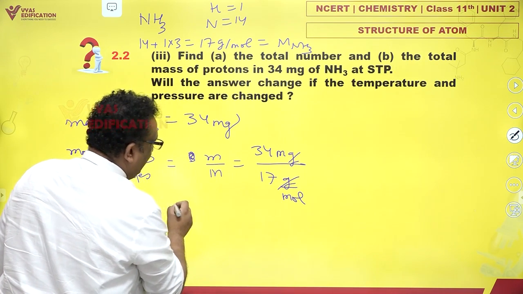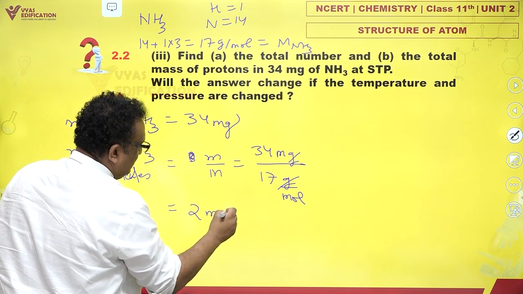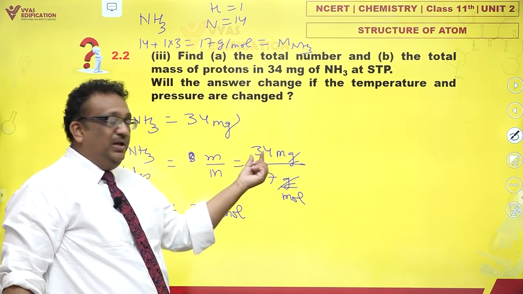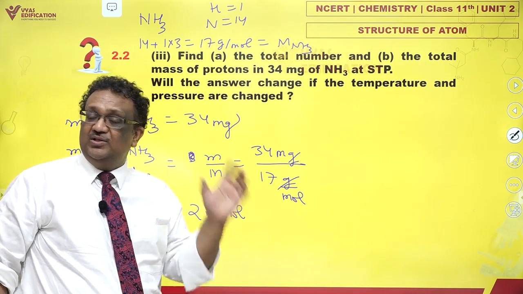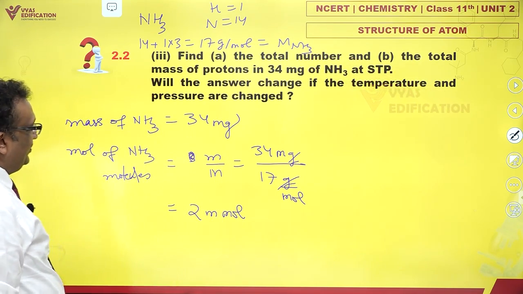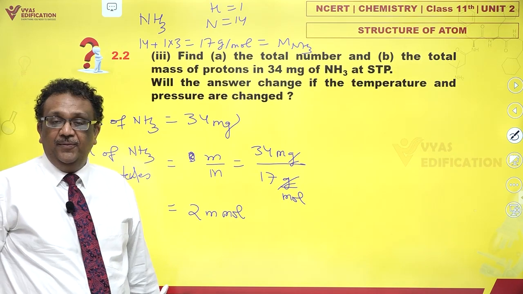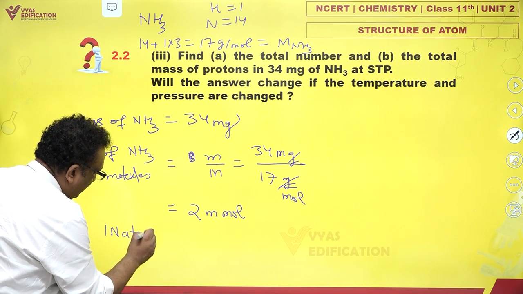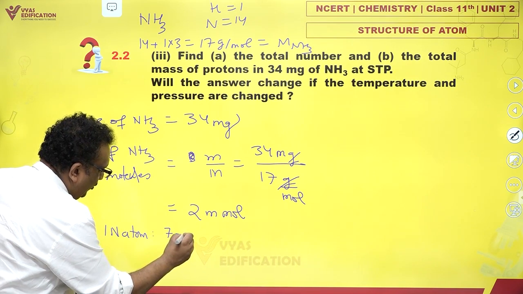Grams cancels away, that makes it 2 millimoles. Please note, milli does not get cancelled with grams. Milli simply means multiplied by 10 to the minus 3 and nothing else. That stays. So I have 2 millimoles of ammonia.